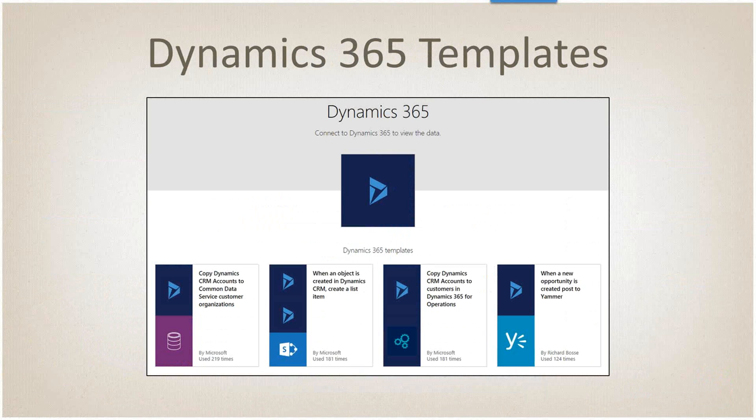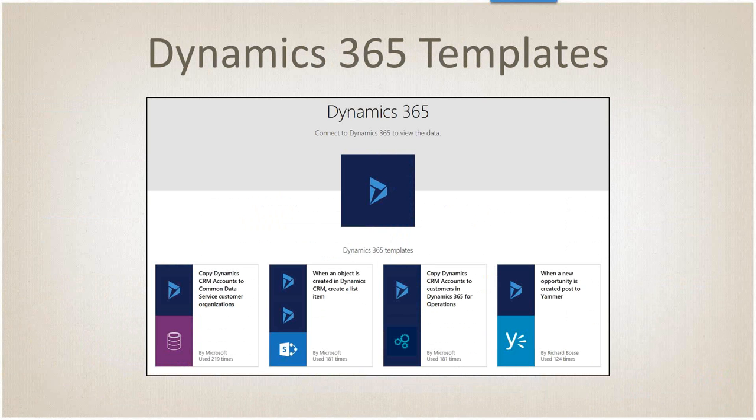So there's a concept of a template. These are pre-configured things that the product team, or whoever is creating the connector or service, has done for you. So basically this is just a template that you can utilize that will get you started doing a specific task.